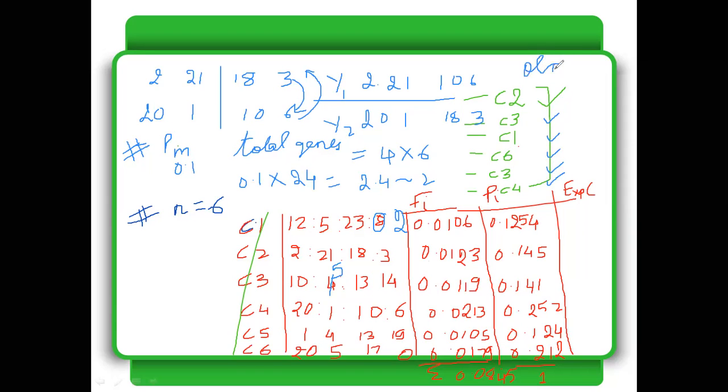Here I am having two new entries, y1 and y2, plus I have two new mutated versions. Now how to decide on the replacement, that will depend upon the fitness, or I should say the objective function की जो value है उस पे.